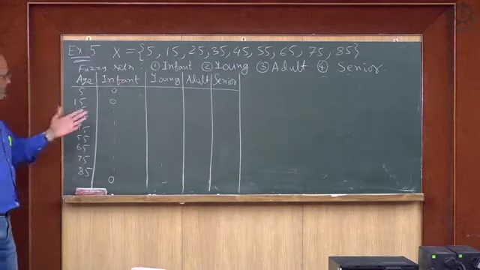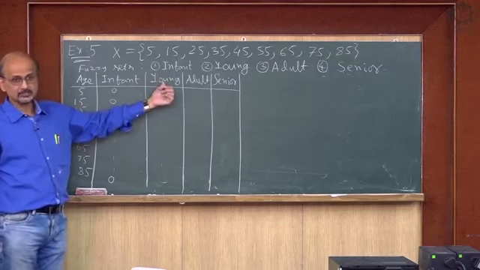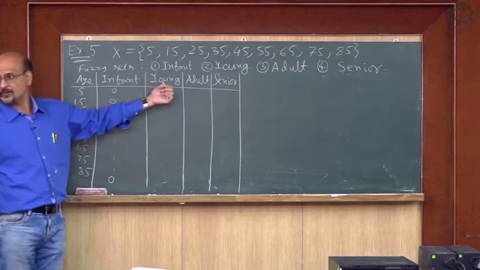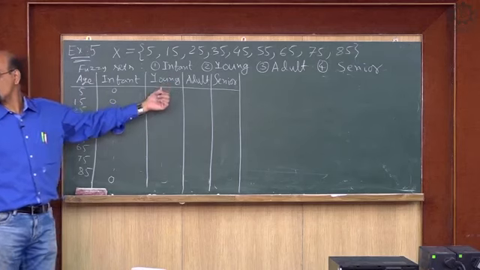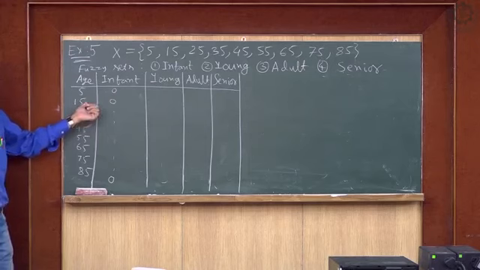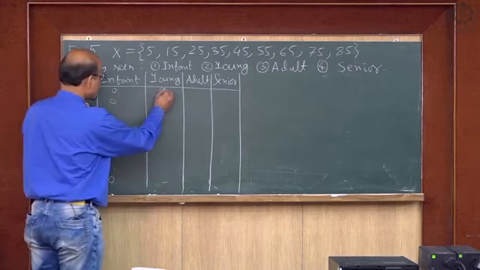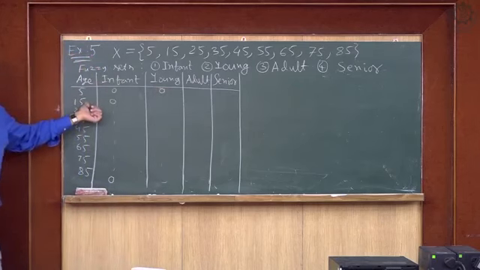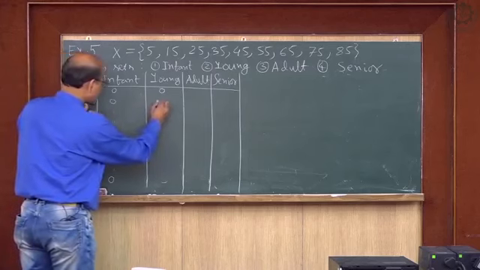Come to the next fuzzy set, young. It depends from where you start. Suppose I start from 15. Then 5 should be 0, and 15 I can put at 0.2.